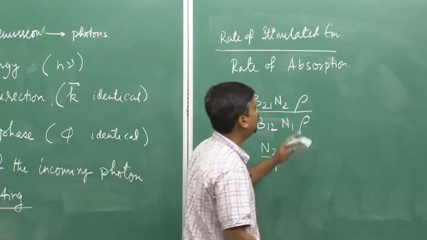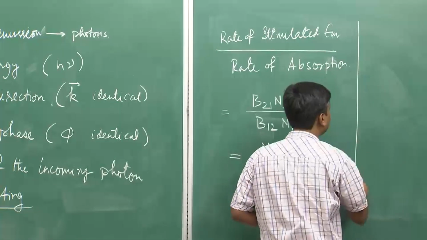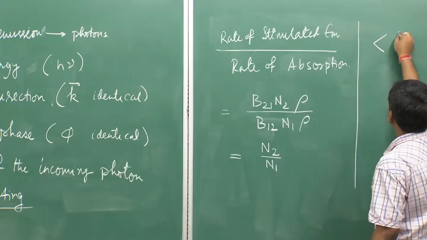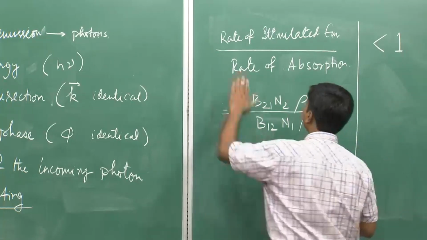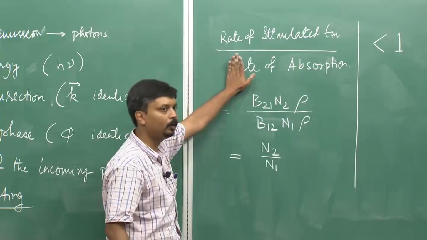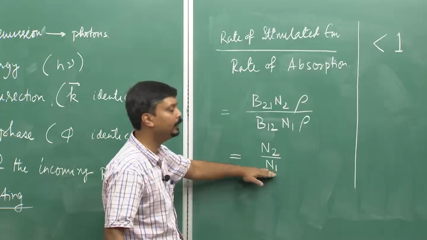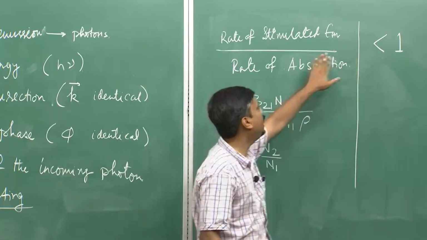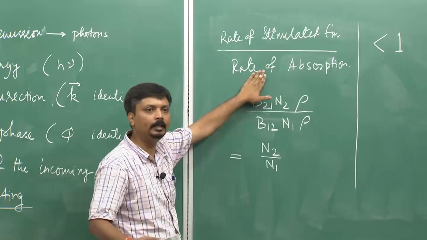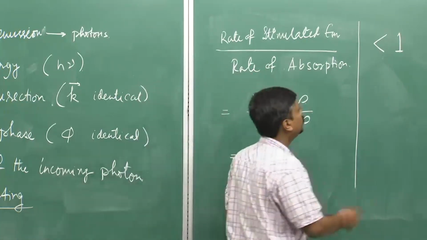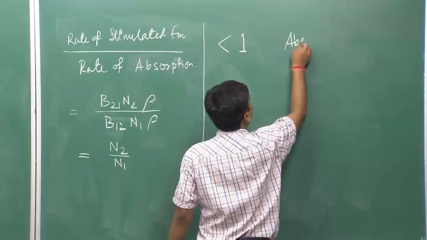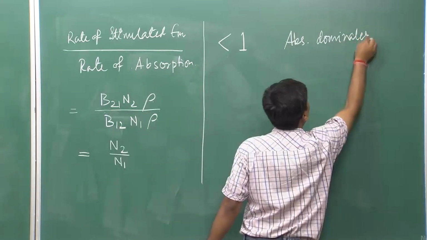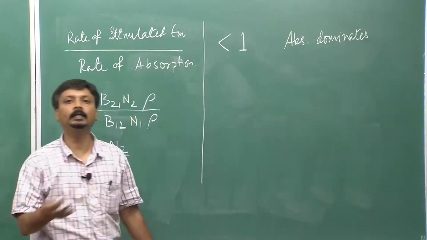Now, when this ratio, the rate of stimulated emission by rate of absorption, which is ultimately N2 by N1, is less than 1, then what do I have? I have a system where absorption dominates, and I have no luck with laser action, right.